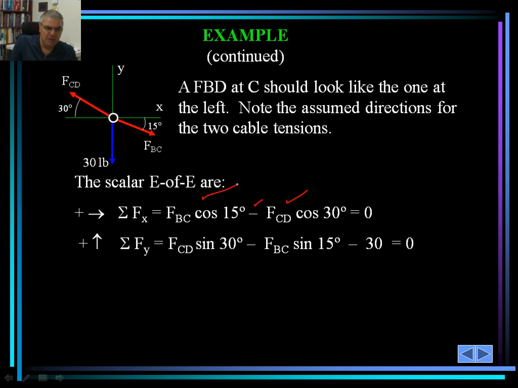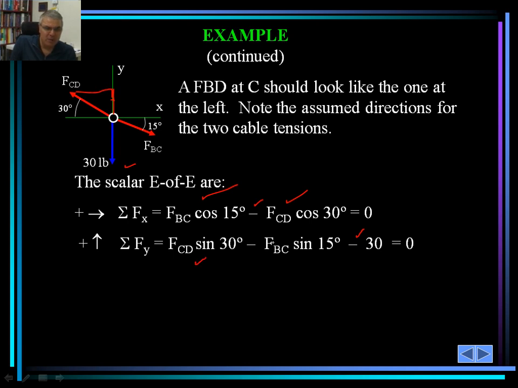The other equation, in the Y direction, we have the known 30 pounds, a negative sign acting downward, and two other forces. They are the Y components of F sub BC and F sub CD. The Y component of F sub BC would be F sub BC sine of 15 degrees, and the Y component of F sub CD would be F sub CD sine of 30 degrees.